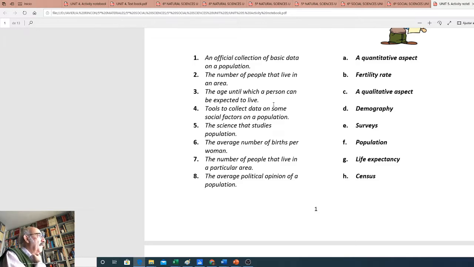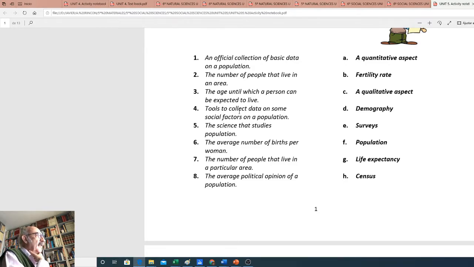We're looking for the concept for this definition, the age until which a person can be expected to live. Yes, life expectancy. Life expectancy is the age until which a person can be expected to live.